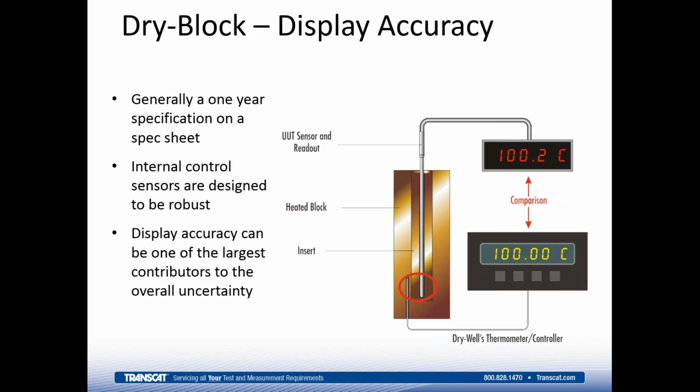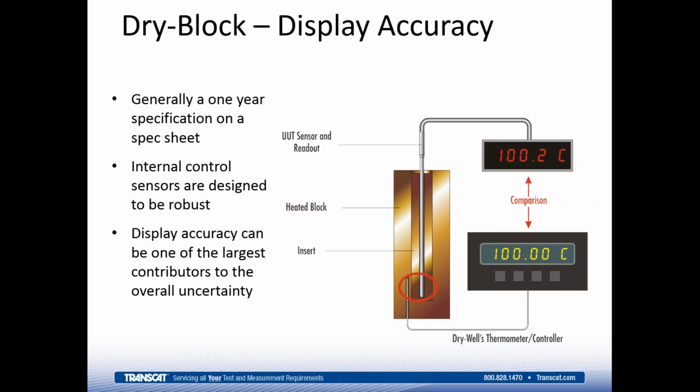When you do that, unfortunately, it limits the accuracy that you can get from such a probe. And so the display accuracy of a dry block is actually higher than it optimally would be. The uncertainties are higher. The accuracy is lower or worse than it otherwise would be.